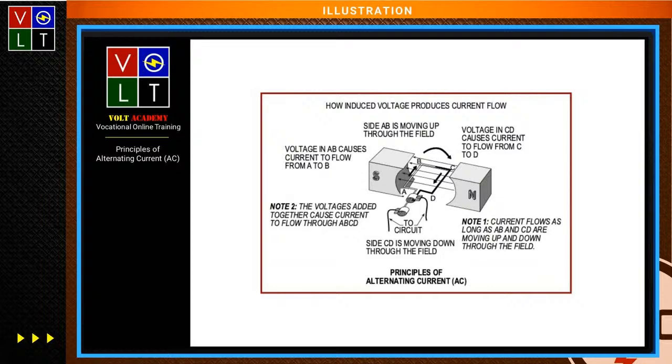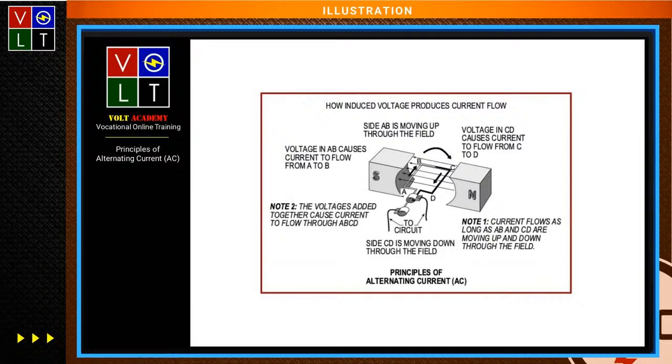Therefore, the voltage induced in AB causes current flow from A to B, and the voltage induced in CD causes current flow from C to D. Such voltages add together and cause current to flow in the direction of A, B, C, and D.